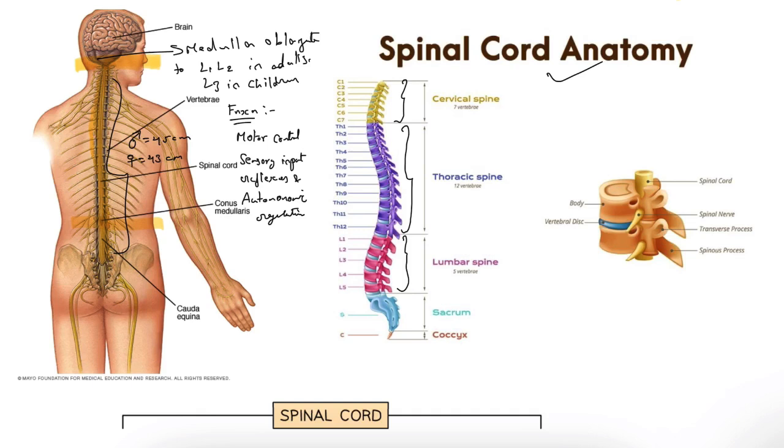So C1 to C7 is the cervical spine. The thoracic spine means T1 to T12 vertebrae. In the lumbar region L1 to L5, and the sacrum is a fused bone attached with the coccyx. The main thing is from C4 to T1 we can see the brachial plexus.